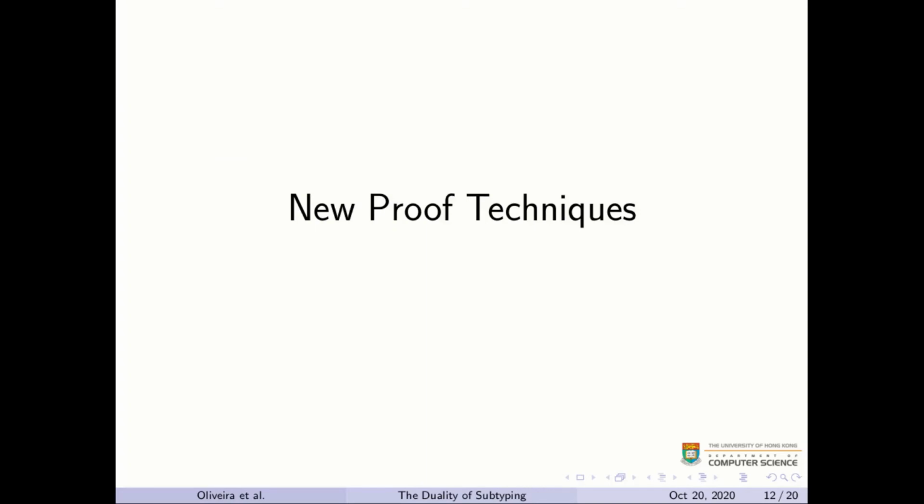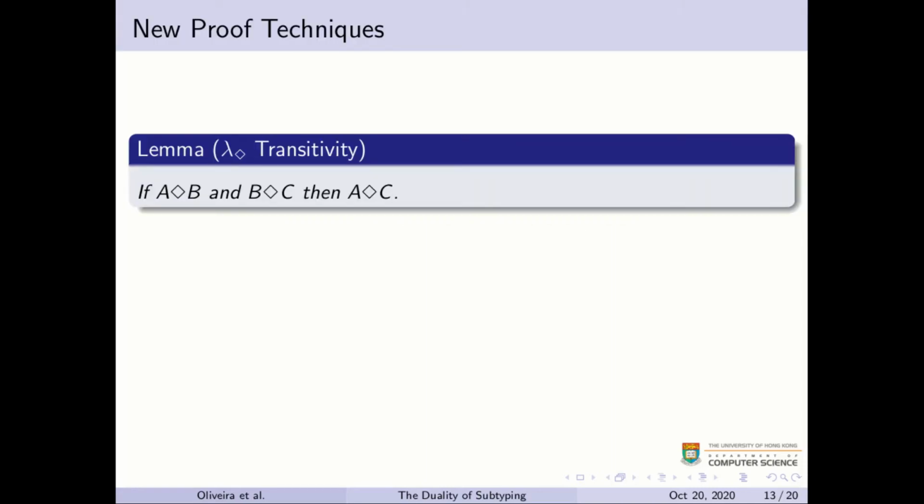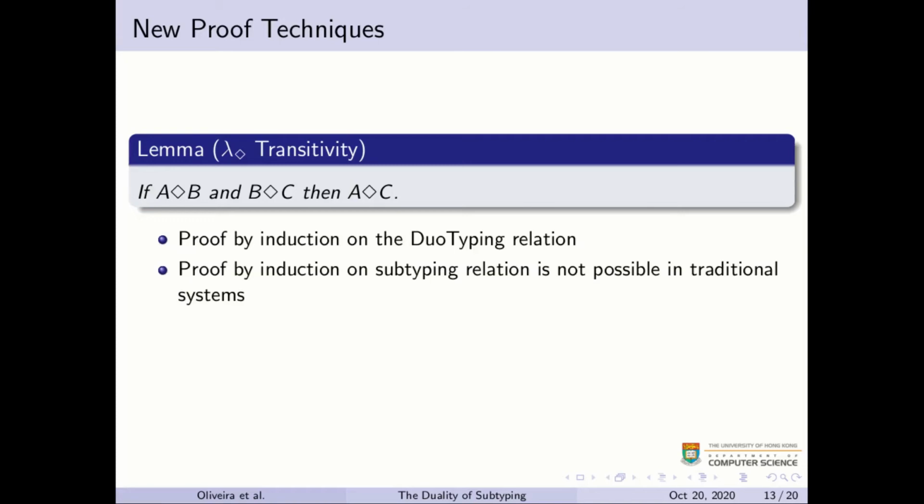Duotyping also allows us to discover new proof techniques which are based upon the duality. If we take the example of the transitivity lemma, the transitivity lemma in a duotyping system is like this. A has mode relation with B and B has mode relation with C. This implies that A has the mode relation with C. This transitivity lemma can be easily proved by induction on the duotyping relation, while induction on the subtyping relation is not possible in the traditional subtyping system because of the contravariance issue.